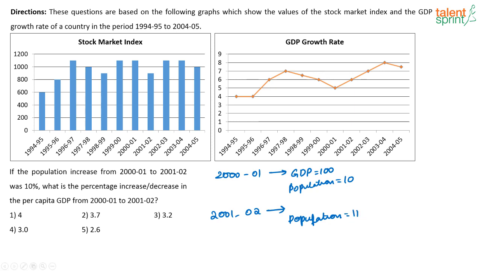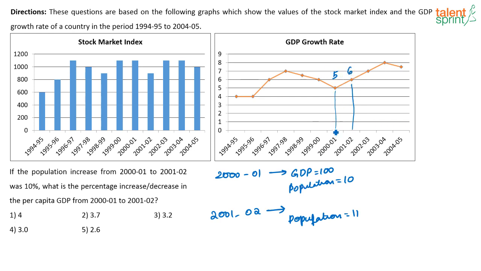And what is happening to the GDP? See, in 2000-2001 this value is 5, and in 2001-2002 this value is 6.